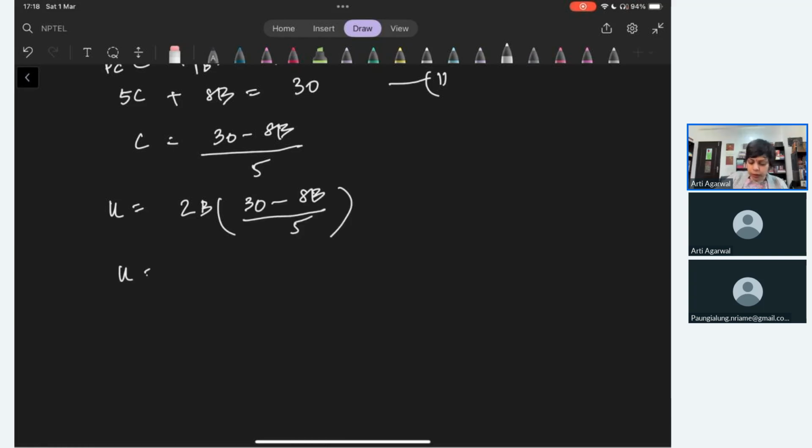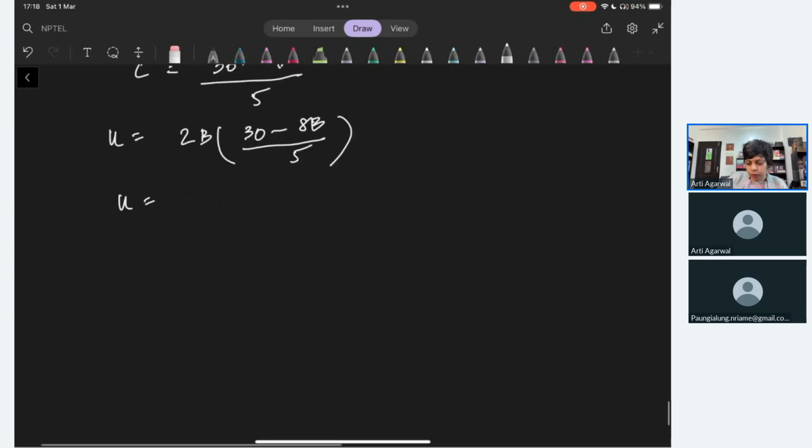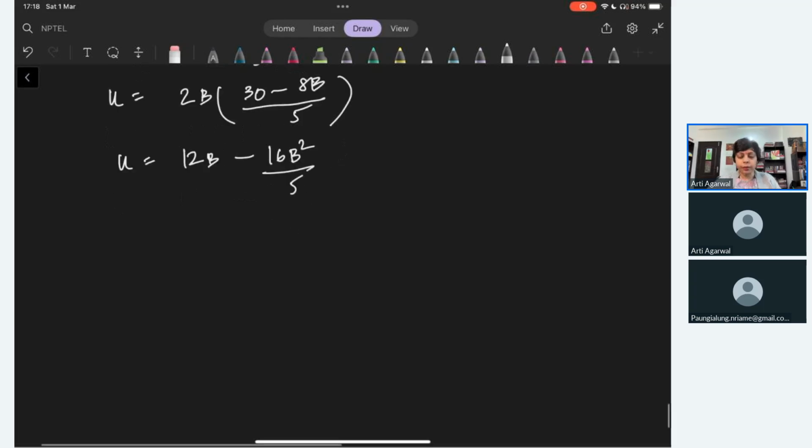So utility becomes, you can write it like this. I've just simplified the maths. 30 by 5 is 6, 6 into 2 is 12. So 12B minus 16B square by 5.